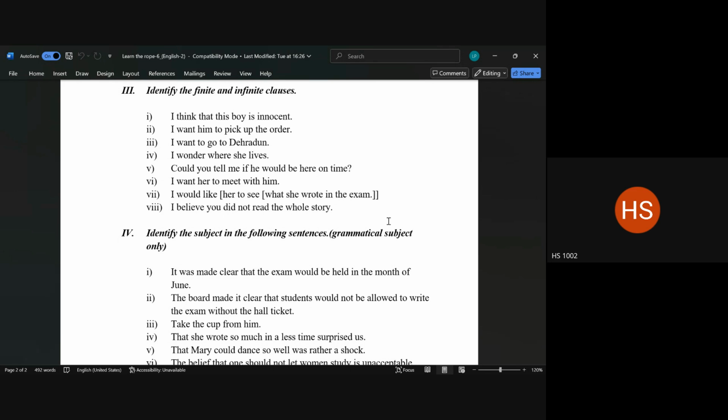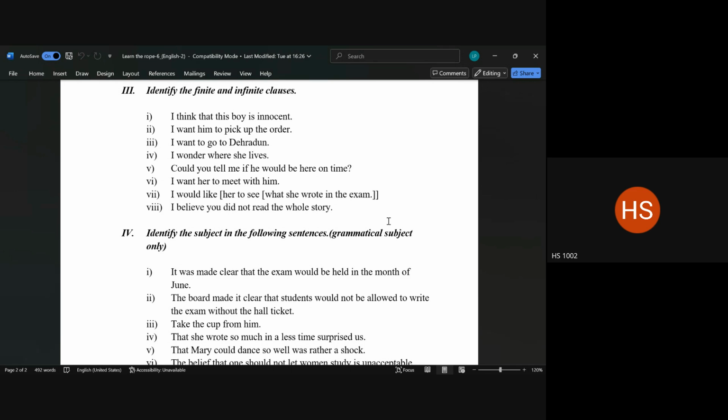The first task is to identify the subordinate clause and then look at whether the verb in that particular subordinate clause carries tense or not.